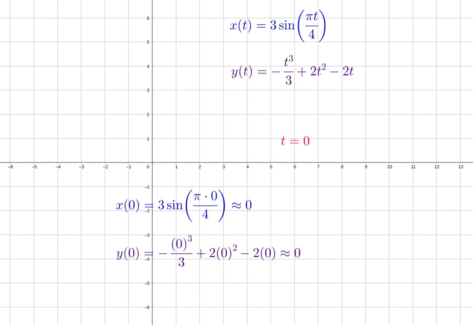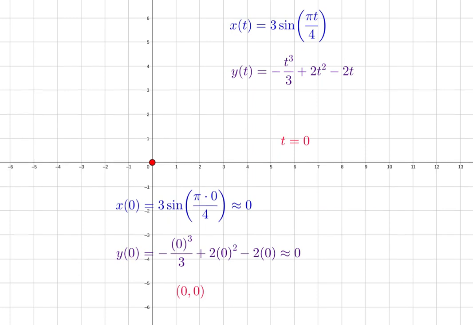That approximation is going to be used later on when we're rounding. Plugging 0 in for t into the x equation and into the y equation gives us an x-y pair that can be written as an ordered pair, and that ordered pair represents a point. So at t equals 0, we have on our graph the point (0, 0).